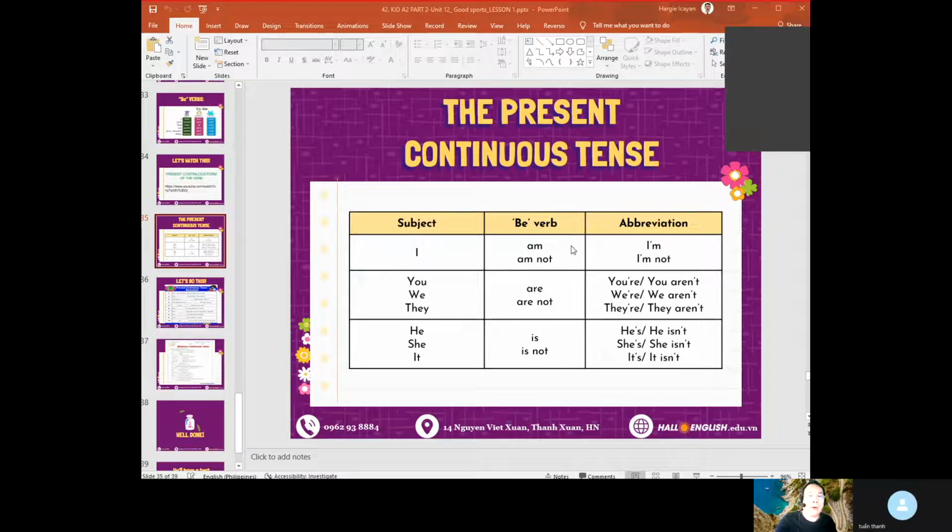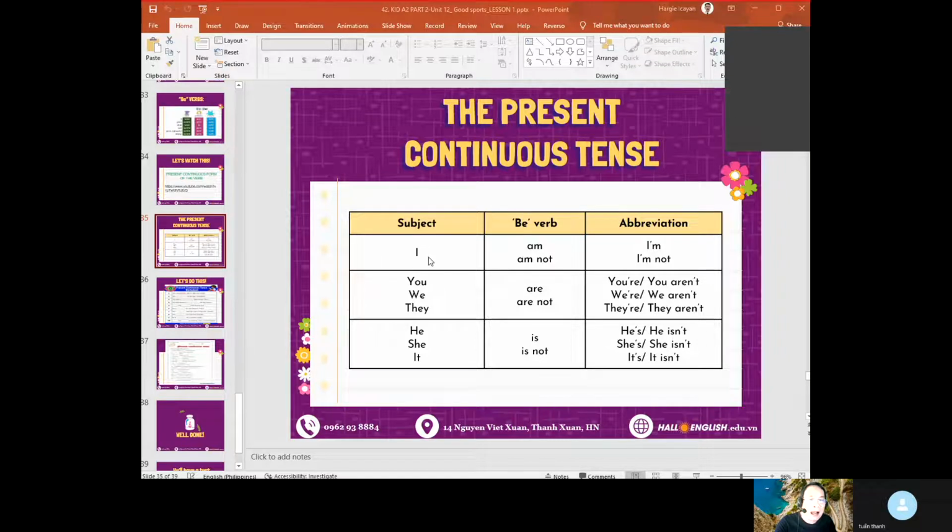Now we have to remember that in using the be verb, if we have the subject I, we say am, if it is the affirmative or positive one. But if we are talking of a negative one, we say am not, right?